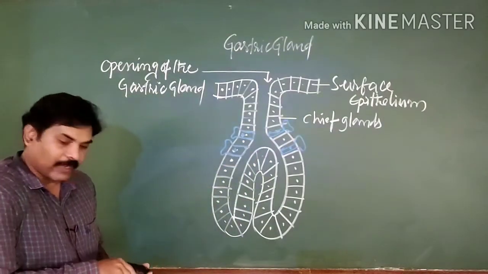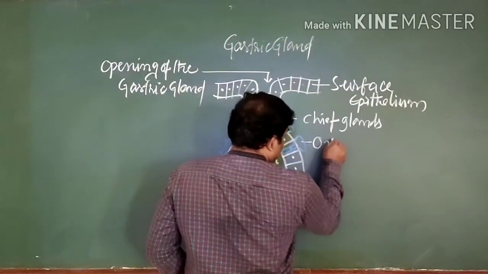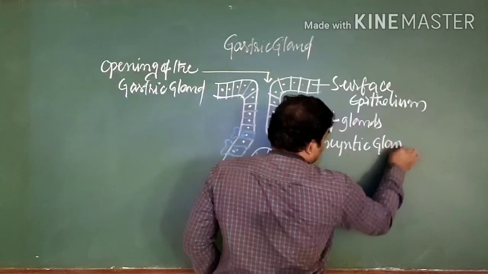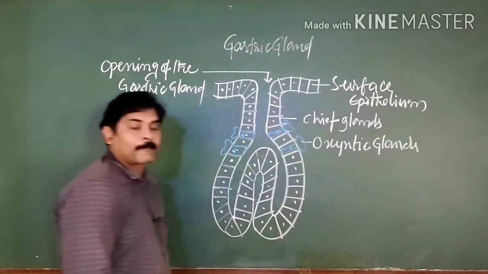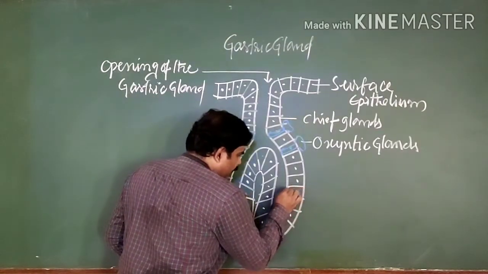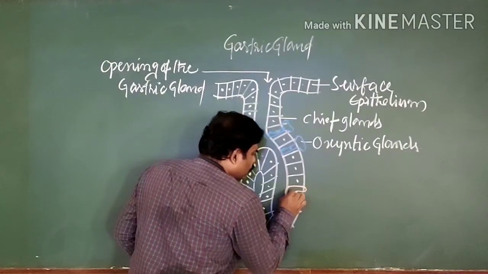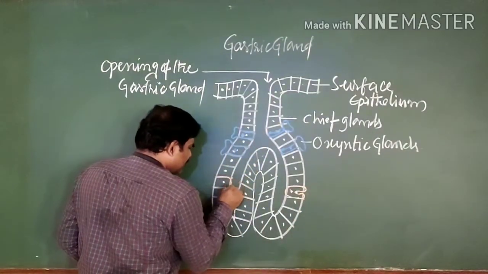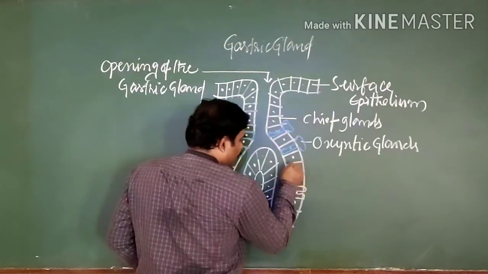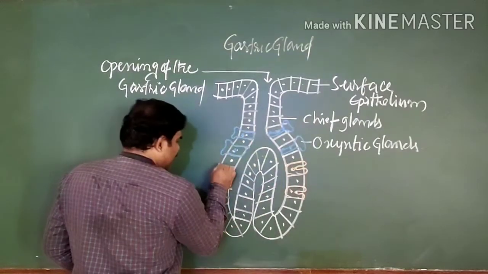And these are known as oxyntic cells. Right, and in the area below you can see another important type of cells. These are present throughout the gland. These are known as mucous cells. Here you can see the mucous cells.